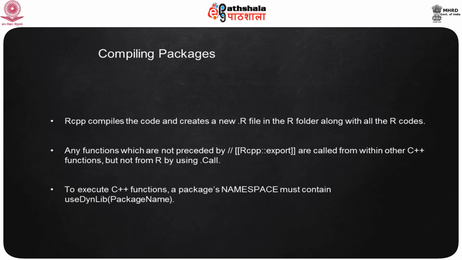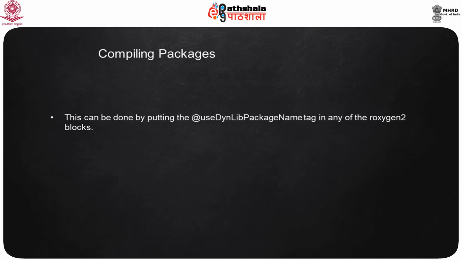To execute C++ functions, a package's namespace must contain useDynLib, followed by the name of the package. This can be done by putting the @useDynLib package name tag in any of the Roxygen2 blocks.